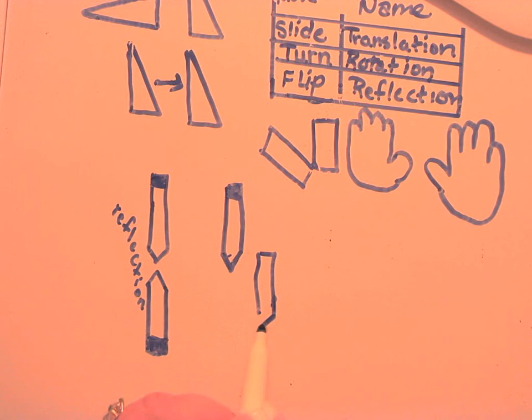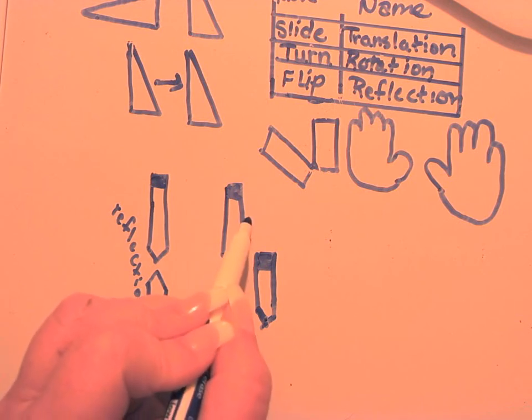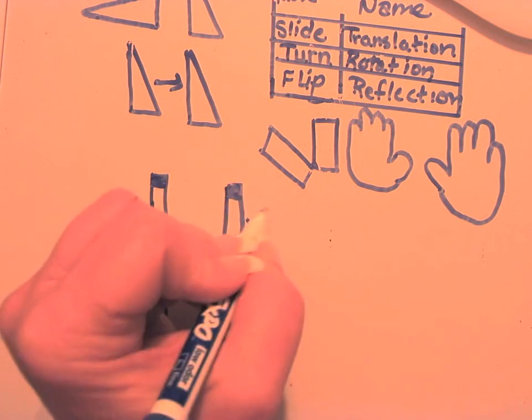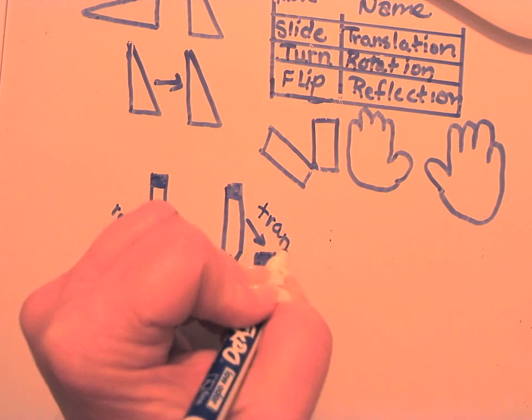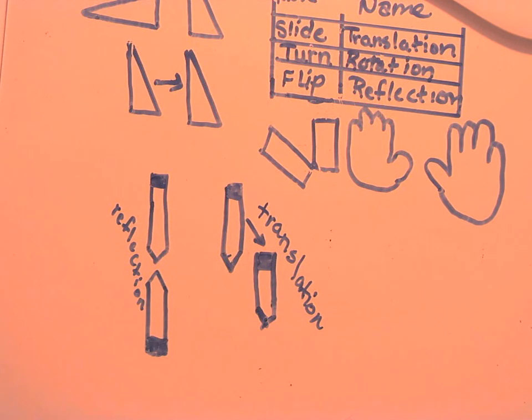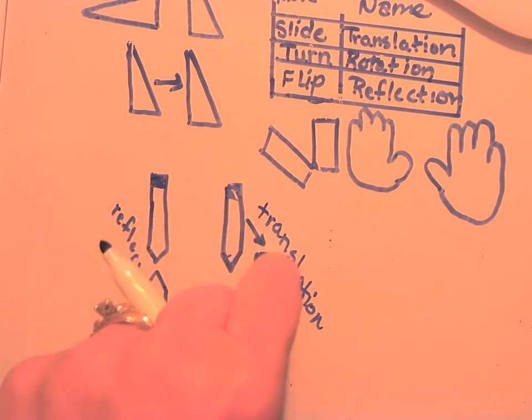Like I said before, if I were at school and working with you, we would use the Smartboard applications. So here we have a slide. See how it slid? It's translating. I translated it, so it moved from one place to the other. It hasn't changed anything about it, except that I didn't draw it that great. So this is a translation. Remember, it's the same thing as sliding it. So that's a translation, translating it.